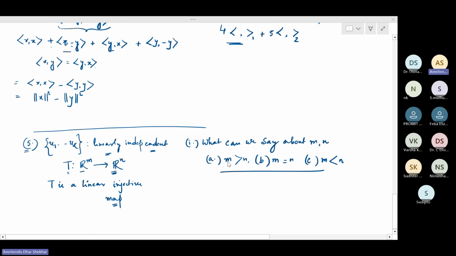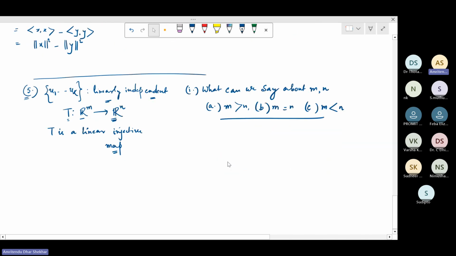Please unmute yourself and give me the answer to this problem. What do you think? If T is a linear map, which is an injective map from Rm to Rn, what can you say about m and n? In particular, let's say Rm is R3 and Rn is R2. Is it possible to have a linear injective map from R3 to R2?